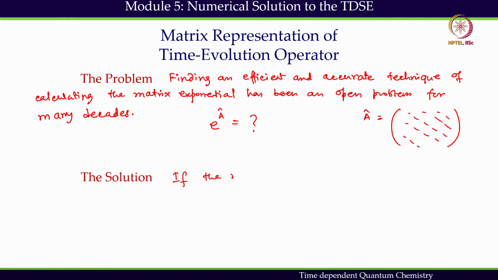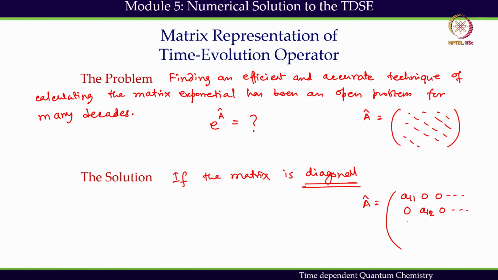the matrix is diagonal. So, if A is a diagonal matrix, which means that I have values A11, 0, 0 like this, sorry, this is going to be 0, then A12, 0, 0, 0, A13 like this way, only diagonal elements are present.